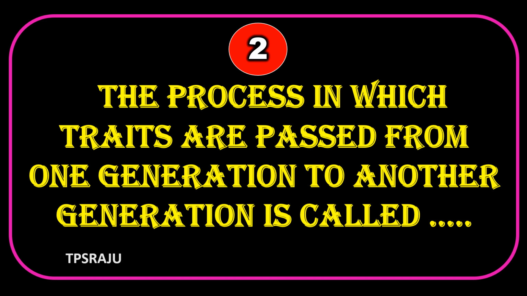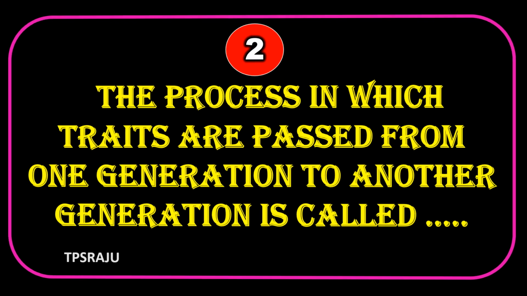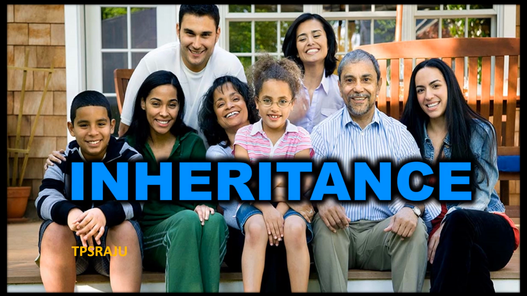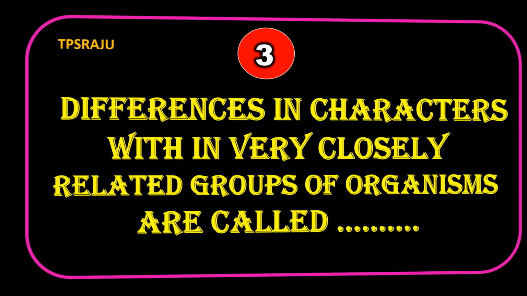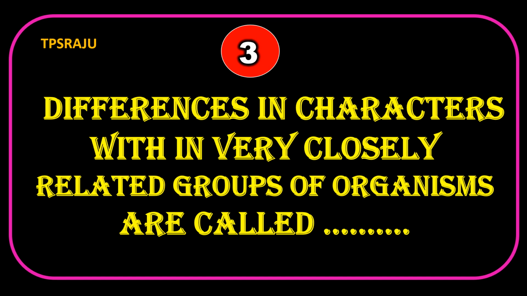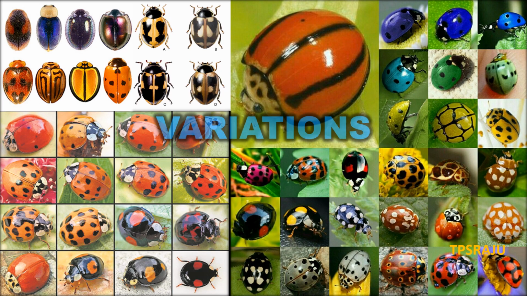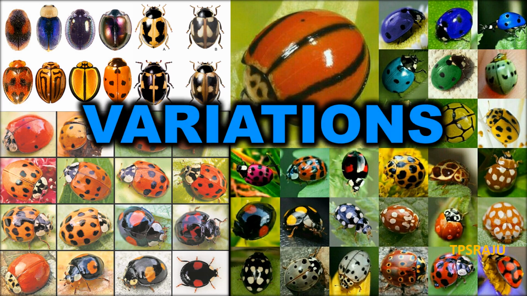The process in which traits are passed from one generation to another generation is called inheritance. Differences in characters within very closely related groups of organisms are called variations.